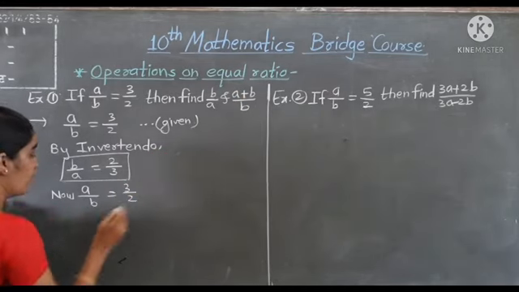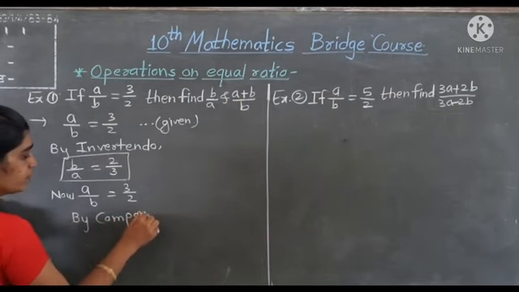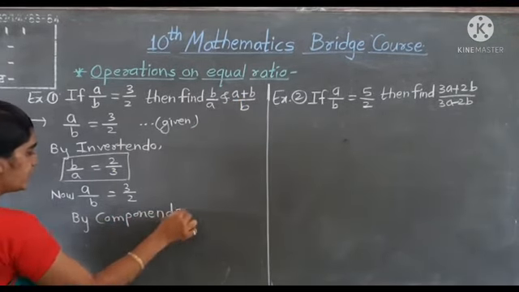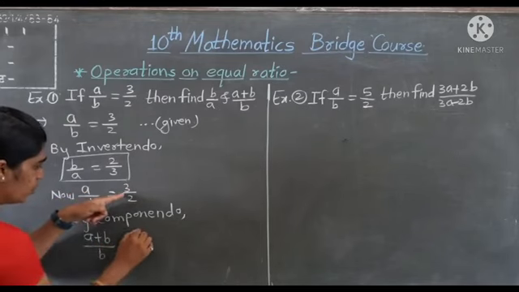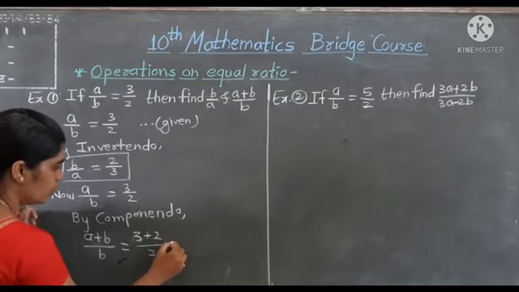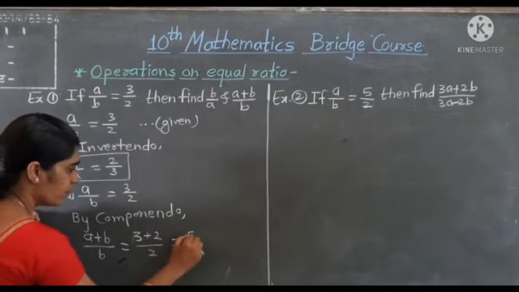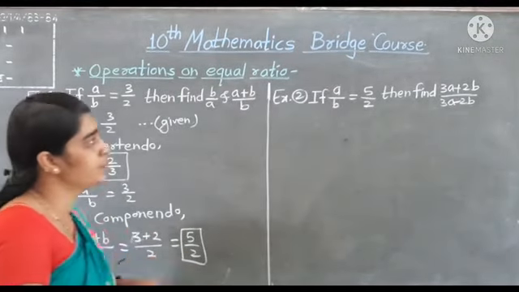Which operation is there? Componendo. By componendo, you write A plus B upon B is equal to 3 plus 2 upon 2, that is equal to 5 upon 2. Okay, very easy.